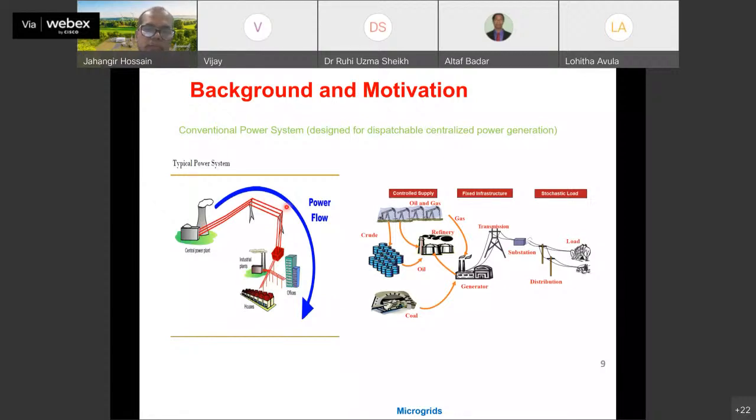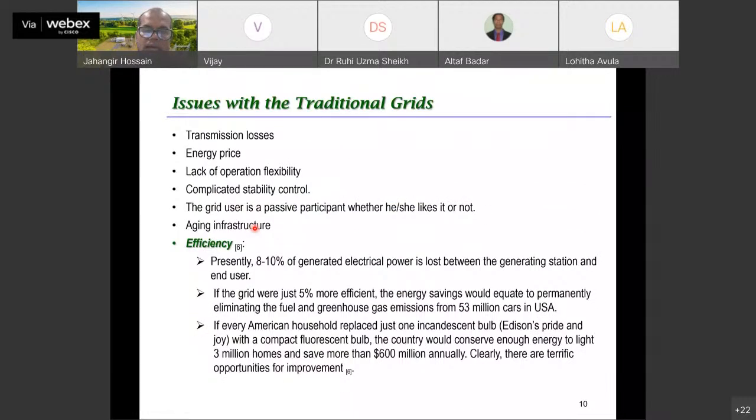That's one issue. Another is that reliability and resiliency are not high. It is also not that flexible, and it is definitely not environmentally friendly either. That's why all countries are now looking for alternative options. As I already mentioned, there are higher losses and a lack of flexibility. It's a very long line, which creates complicated stability problems.